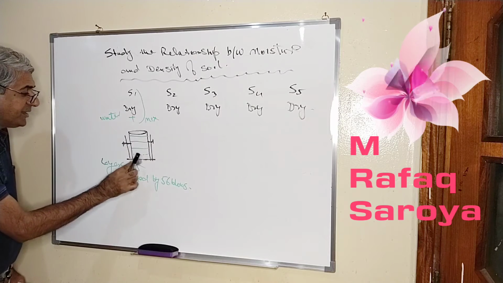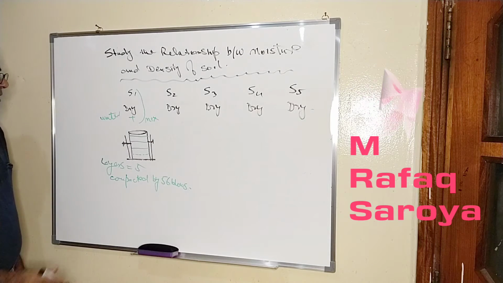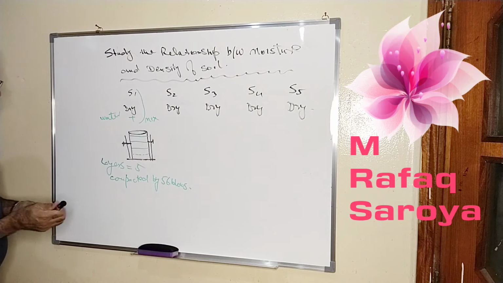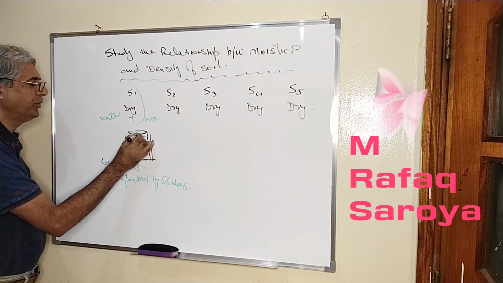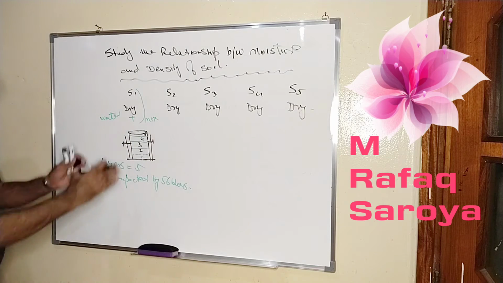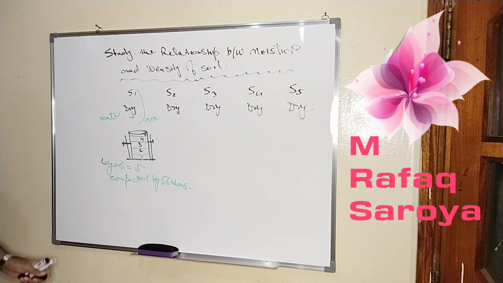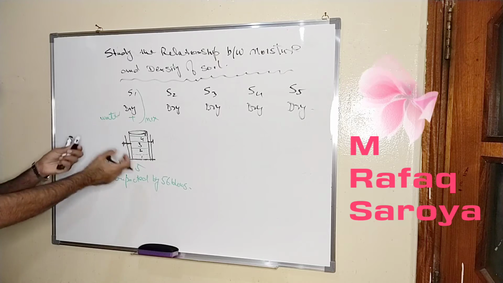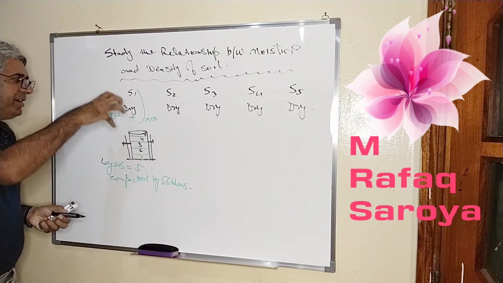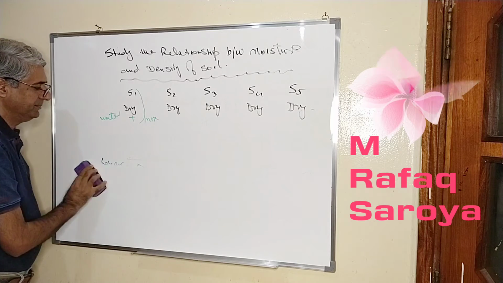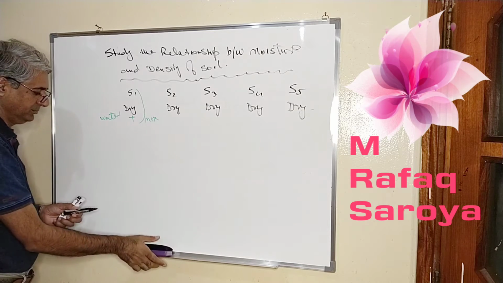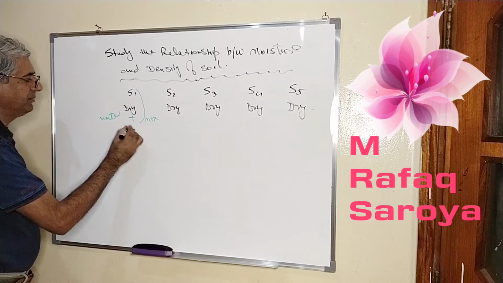Each layer is compacted by 56 blows: 56 blows in the first, in the second, in the third, in the fourth and fifth. When we have done this, after all this practice, whatever soil is inside, we will find out its mass. We will write it down over here.